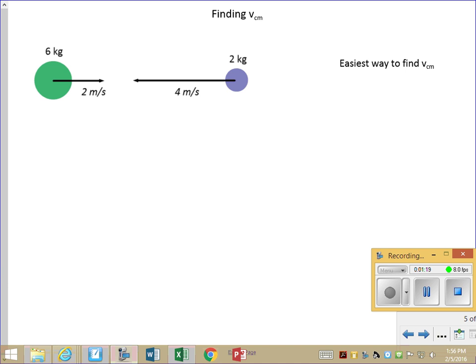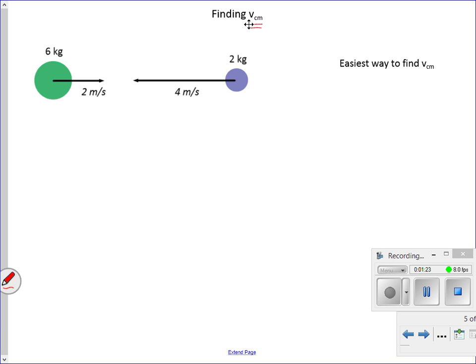So it can become important for us to find the velocity of the system. When I say the system, I also refer to the center of mass. This two-object system can also be represented as a single point mass. Where is it located? Well, we have an expression for where to find that center of mass.